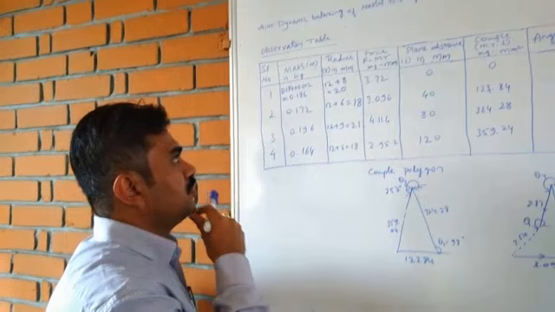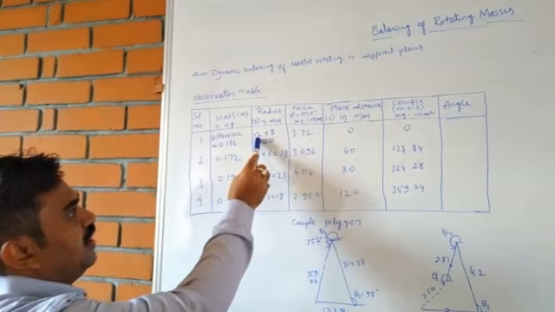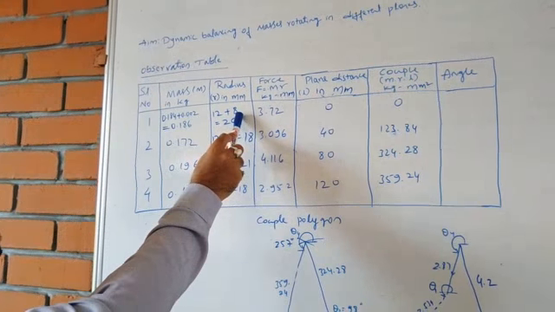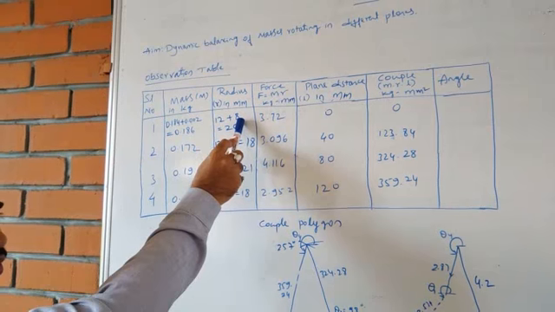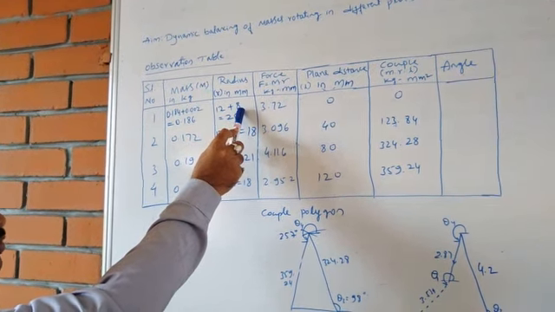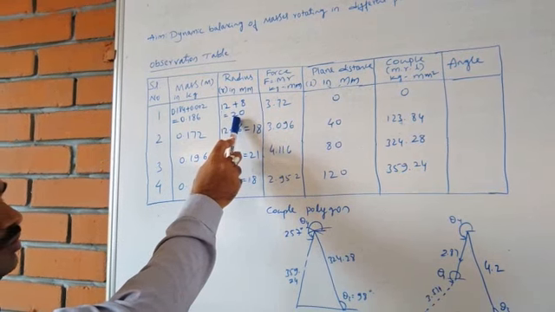Here we have the shaft radius as 12 mm plus the distance from the CG to the tip of the slot, which is 8 mm, so it becomes 20 mm.